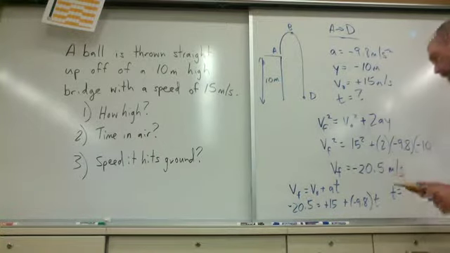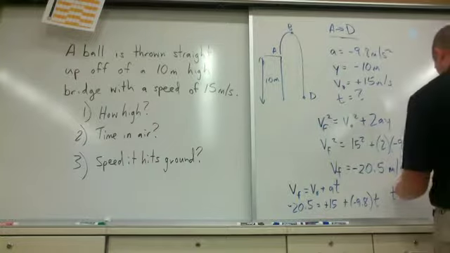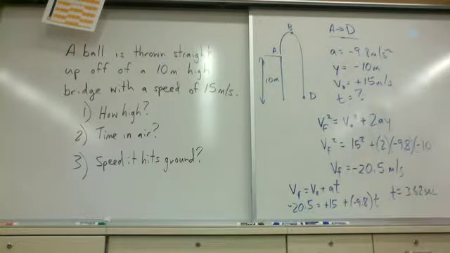Solving for t, negative 20.5 minus 15 divided by negative 9.8, and I get my time to be 3.62 seconds.